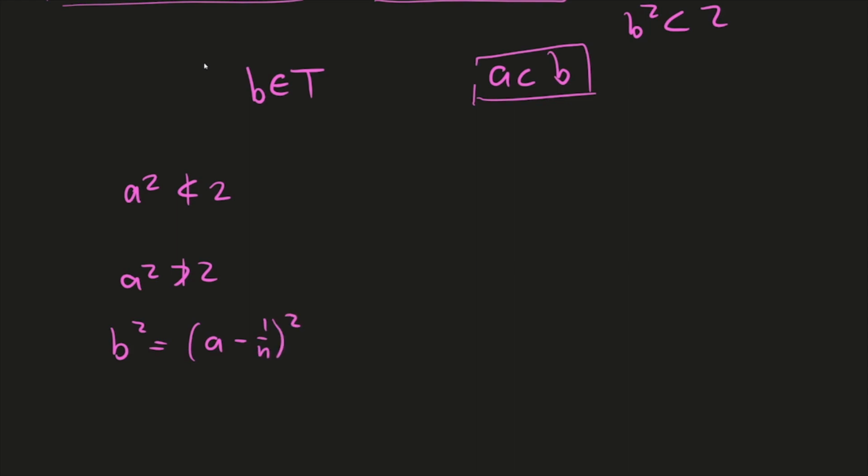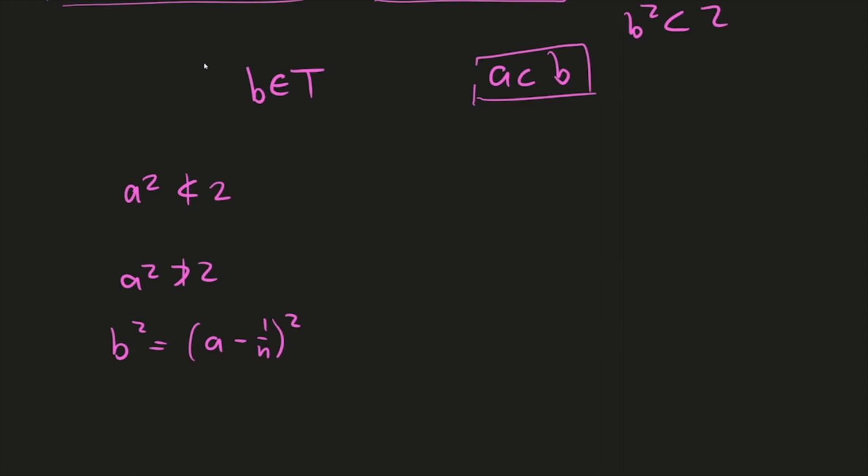We're going to expand it out, and we're going to show that b is an upper bound and that b is less than a, so therefore again we have a contradiction because a is no longer the least upper bound.